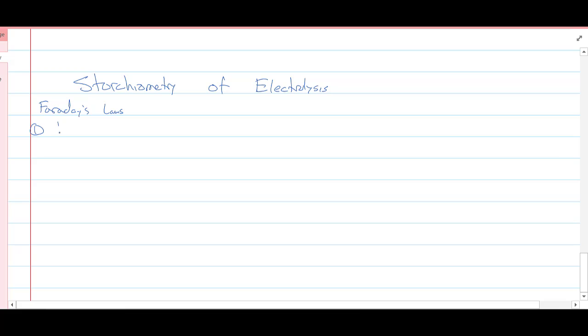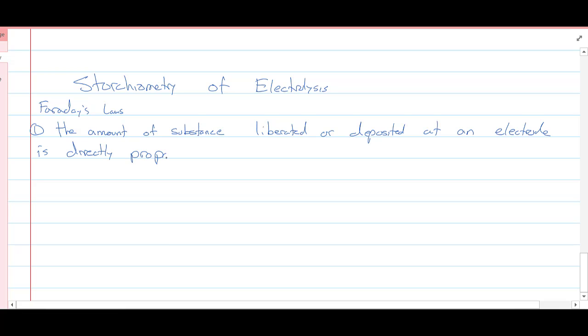The amount of substance liberated or deposited at an electrode is directly proportional to the quantity of electrical charge passed through the cell.